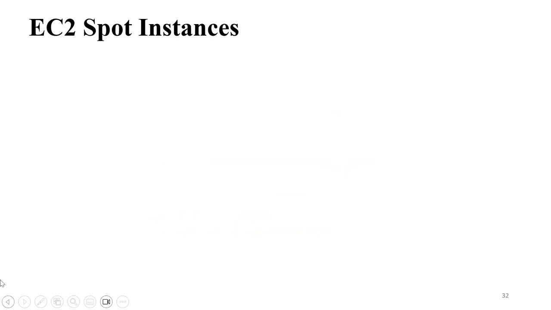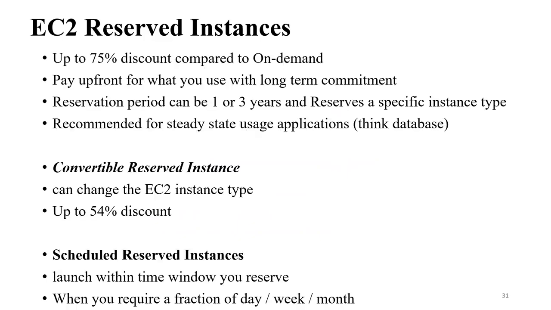Another type which we have to see is spot instances. So far we have discussed on demand and reserved. In the reserved we have convertible, schedule based, fixed based. I'll show where we have all these options. I'll come back. But whether it is reserved instances, on demand instances, or spot instances, working with the EC2 instance is the same model, the same approach.